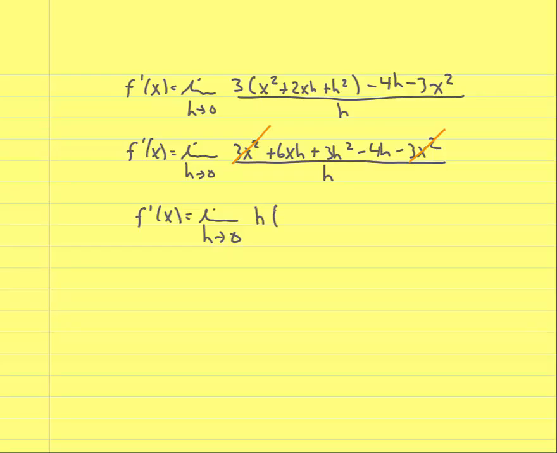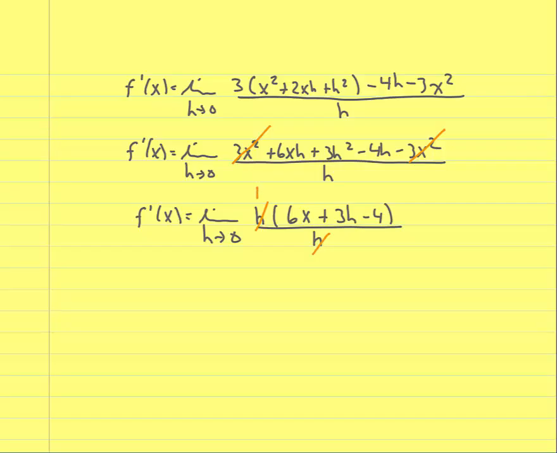This would be the wrong way to do this, to say, oh, there's an h here, here, here, and here. That's not how they cancel. You cannot cancel terms, you can only cancel factors. So the right way to do that is to factor out the h. And I'll be looking for that particularly in your work, so please make sure you're showing that factorization. So you have 6x plus 3h minus 4 all over h. Now, h divided by h is 1.